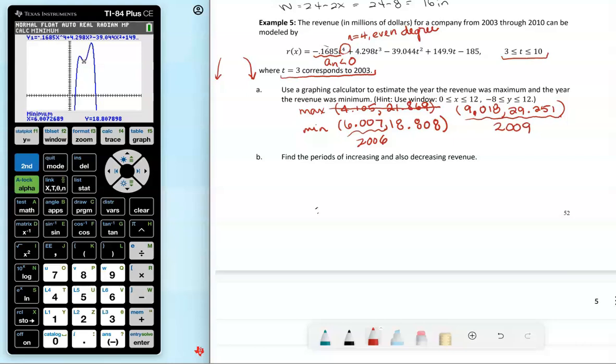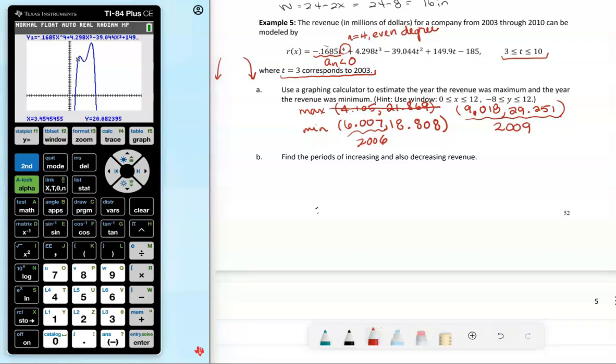Now, if we wanted to have the years that our revenue was 0, that would happen at these intersections right here. But I'm interpreting the problem in this manner. You could, if you wanted to, get deep into what's happening in 2003, what's happening in 2010. Let's do trace. 2003 is right there.